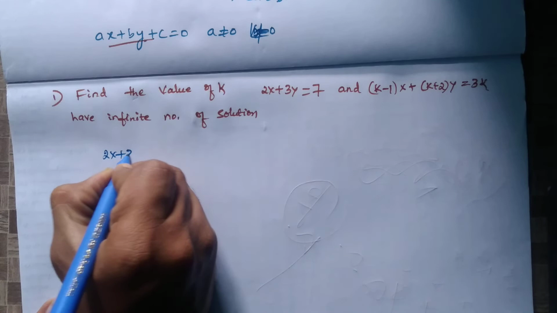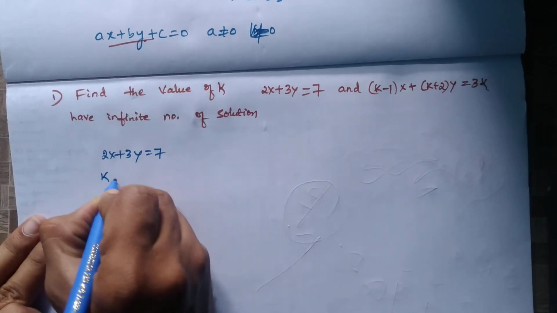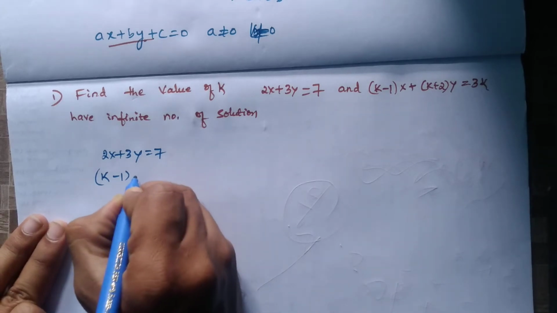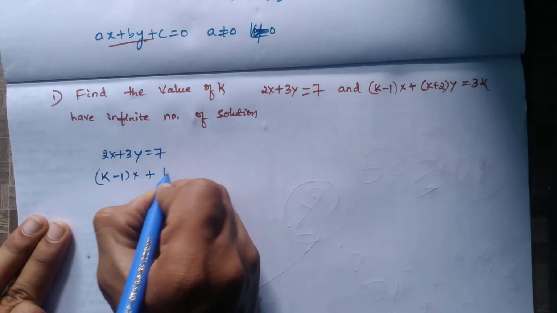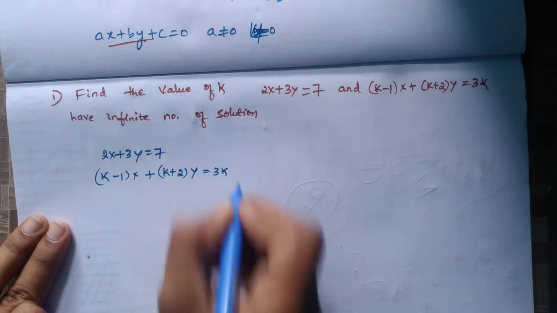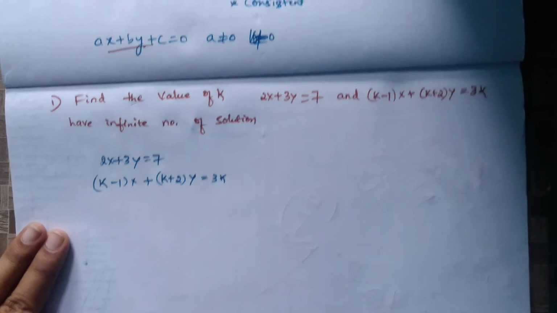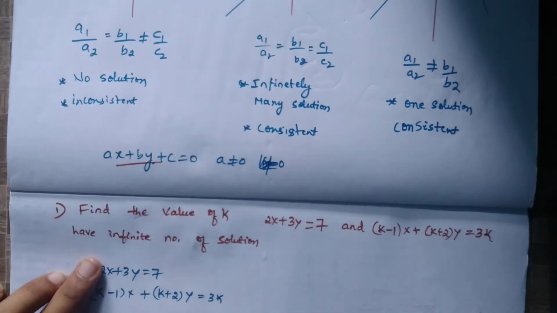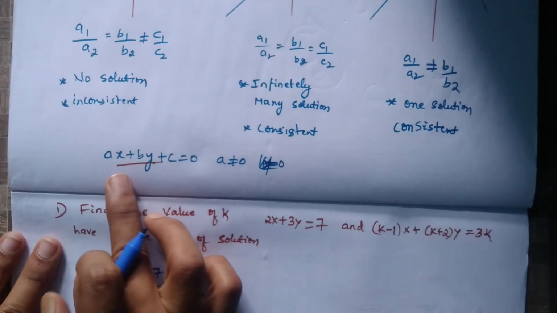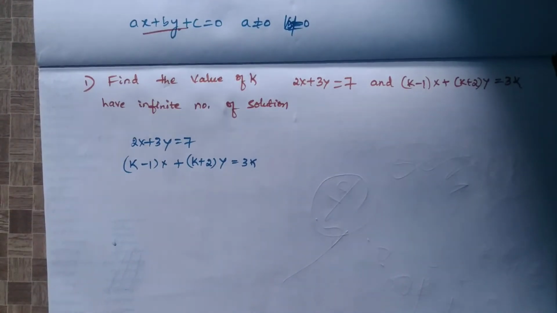2x + 3y = 7 and (k - 1)x + (k + 2)y = 3k. First I find the values of a1, a2, b1, b2, and c1, c2.